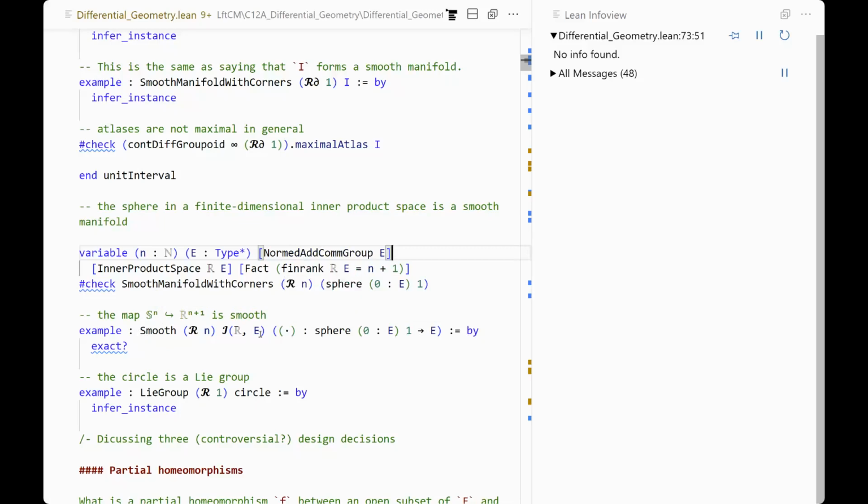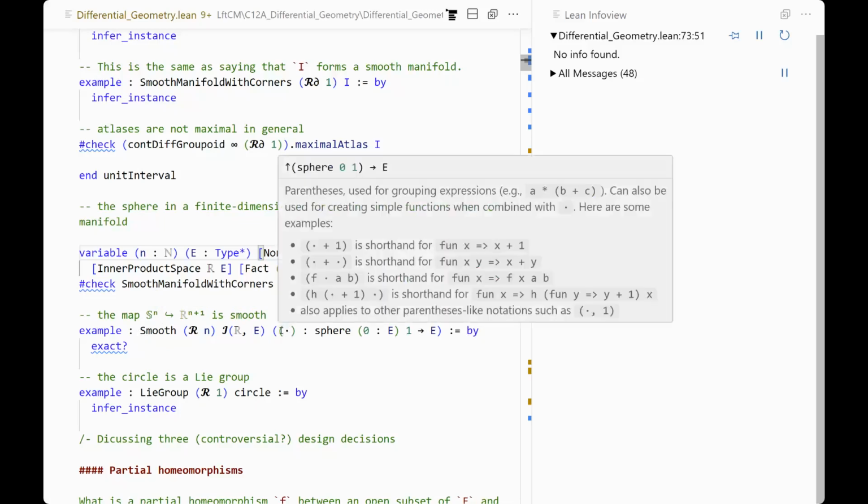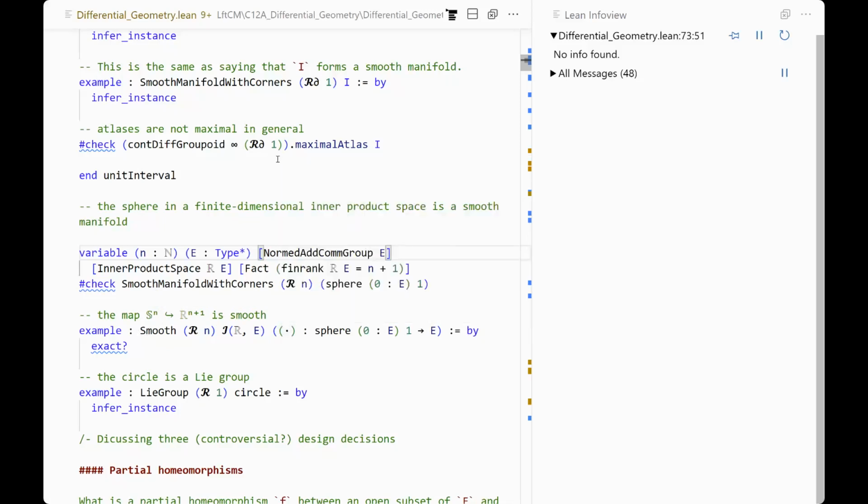This is notation for the identity function, and then Lean automatically inserts a coercion from the sphere into E. So this is notation for the inclusion map from the sphere into E. And then in particular, in the one-dimensional case, we also know that the circle is a Lie group, where the circle is just the one-dimensional sphere.